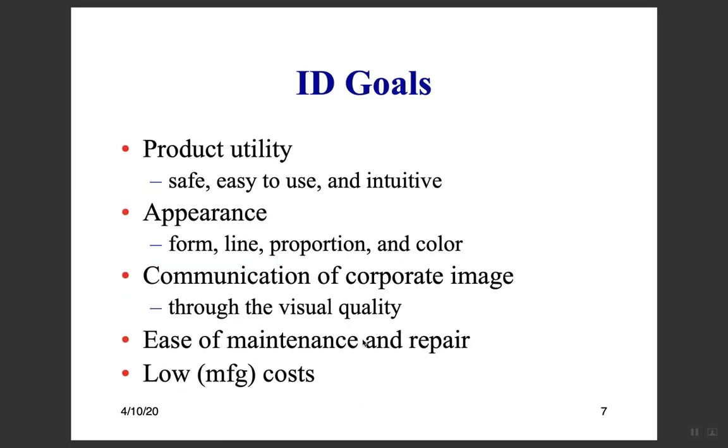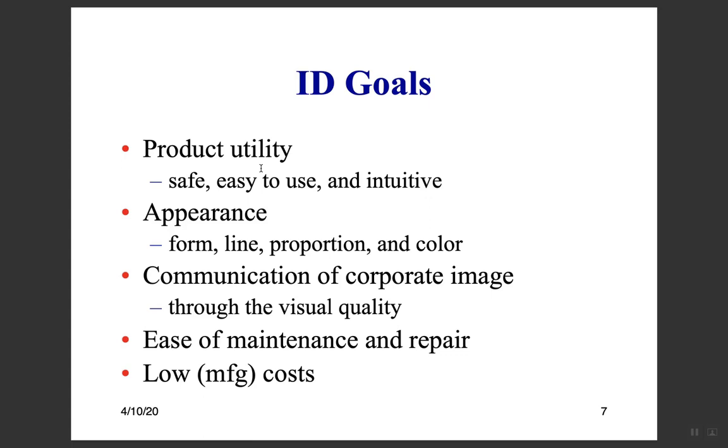So the industrial design goals: the first is product utility, right? The product should be fulfilling, safe, easy to use, intuitive. And the second one is appearance, because I guess nowadays customers are not looking only at utility or functionality, but also at appearance.